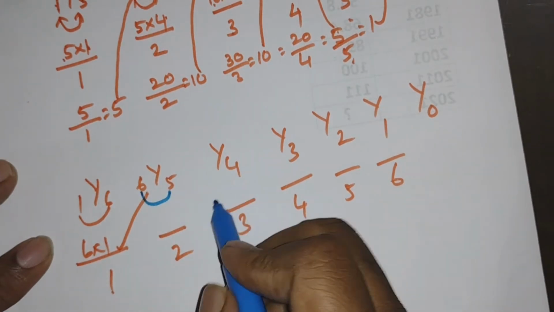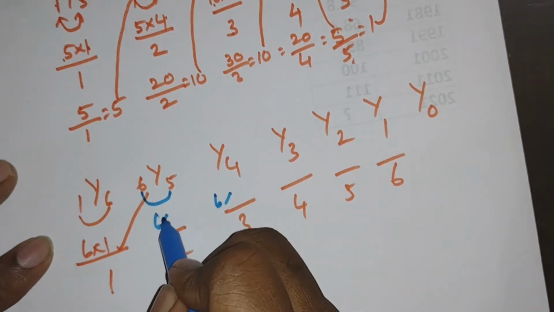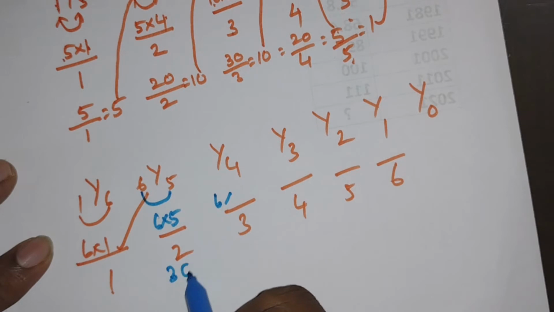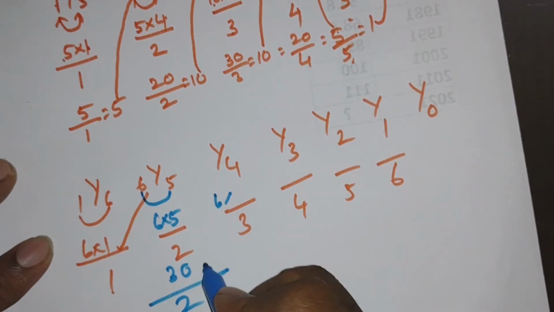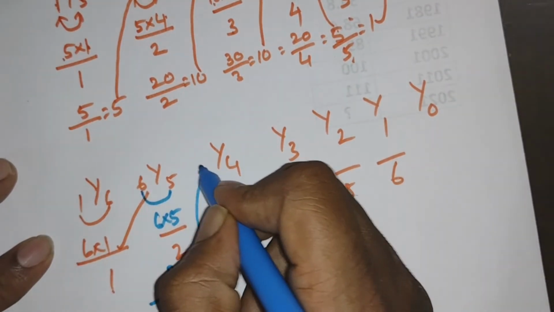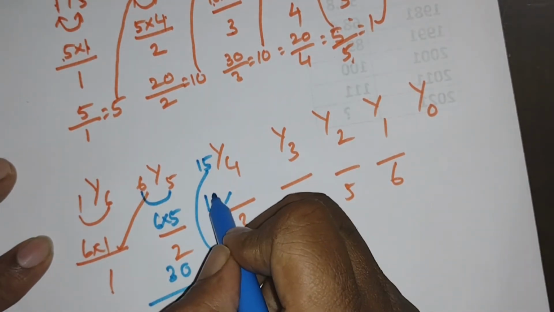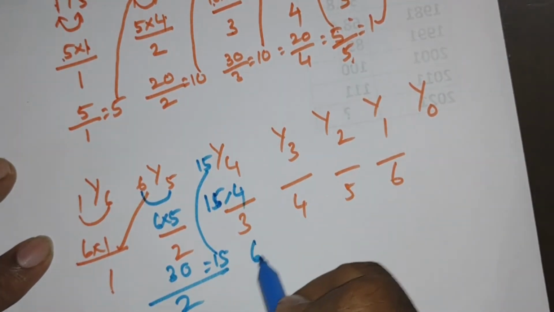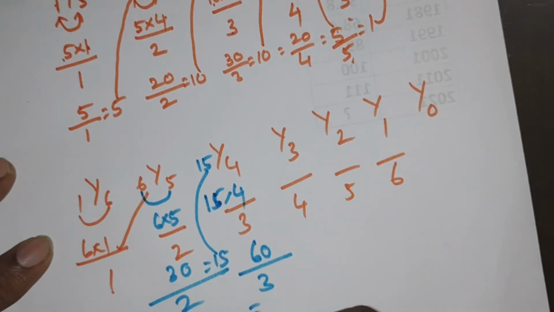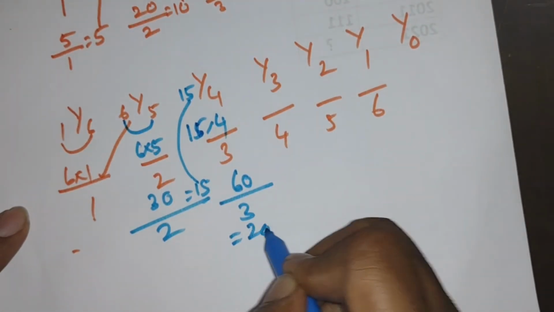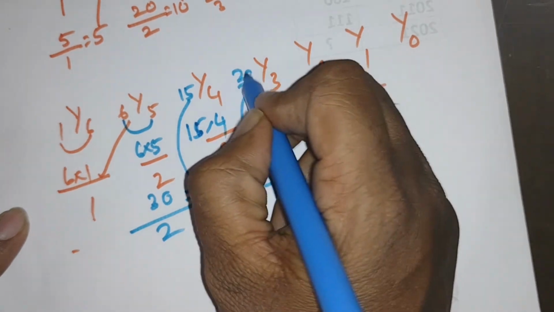And the next one, multiply this 6 and 5. 6 fives are 30. 30 divided by 2 you get 15. That 15 is going to appear here. Next, 15 into 4, 60 divided by 3, you get 20. That 20 will appear here.